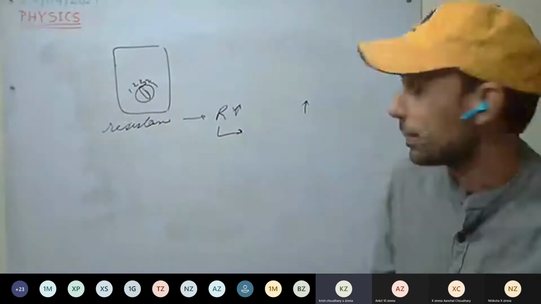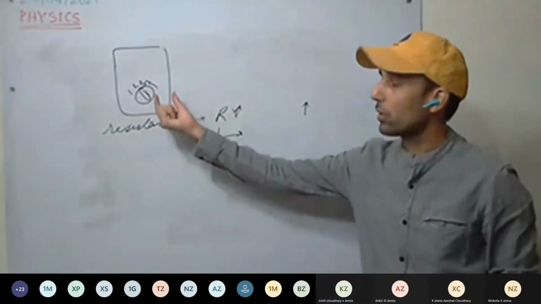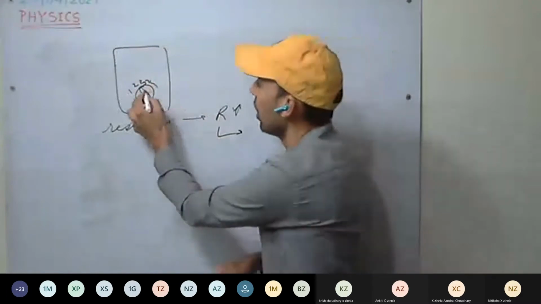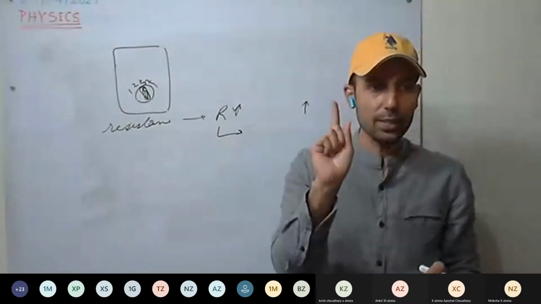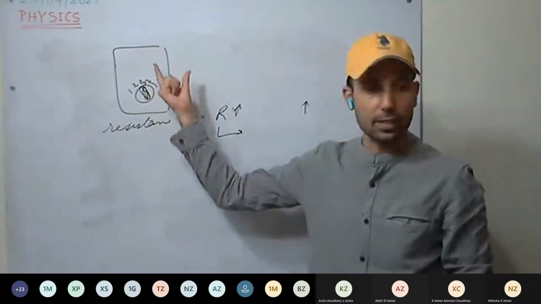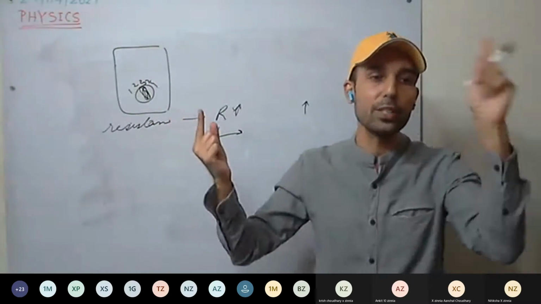So see here, resistors. I give you one example. For example, fan regulators. We are on speed 3, so the fan is rotating at a particular speed. Now, as temperature increases, if resistance changes, it means fan speed will change.